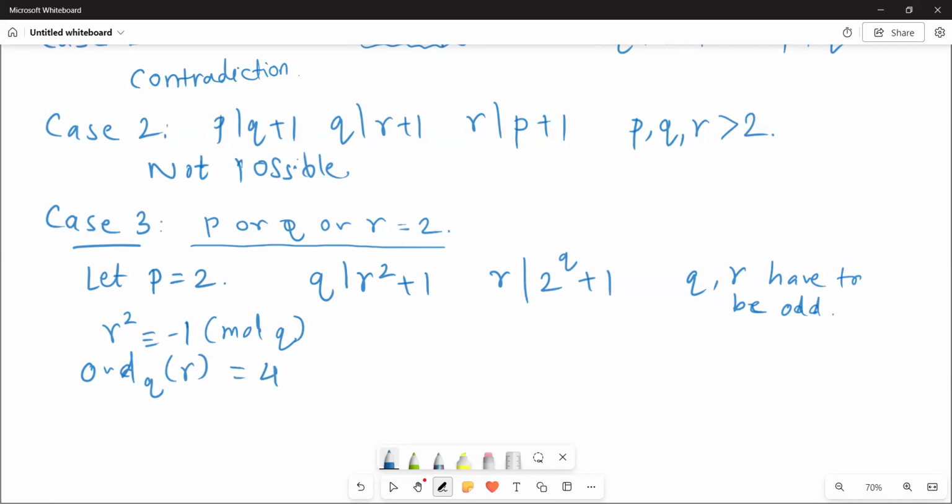It can't be anything else. And that means 4 divides q minus 1, and so q is 1 mod 4. Okay.